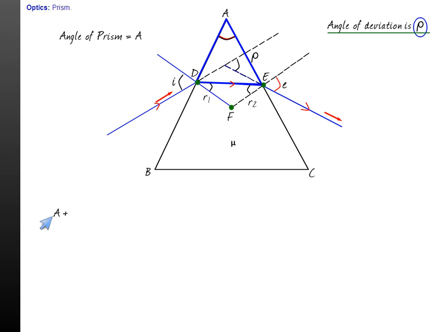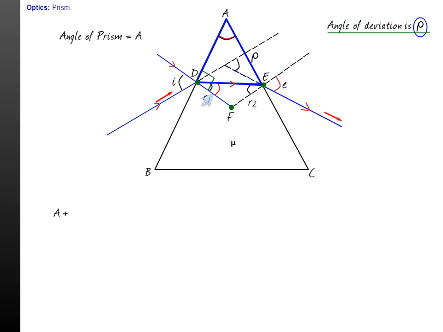Now one of the angles is this angle A. Now friends, we also know this angle is 90 degrees because this is normal to the face AB, and this angle, that is the angle EDF, is R1.